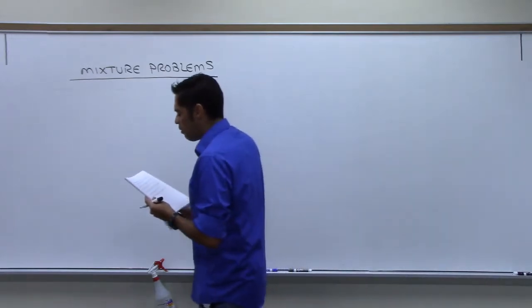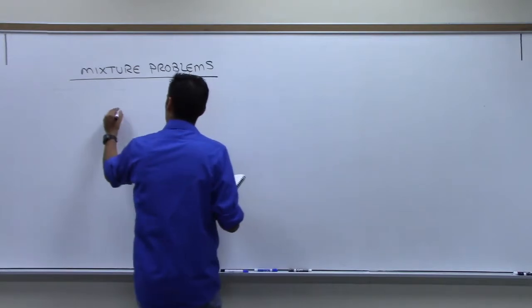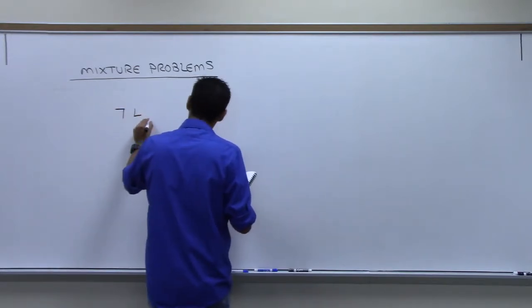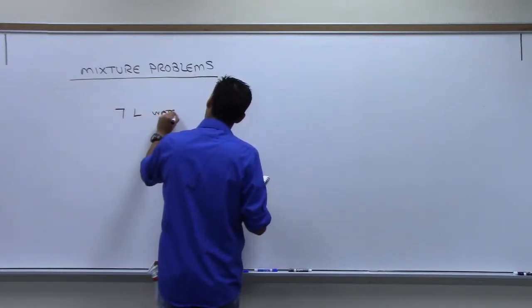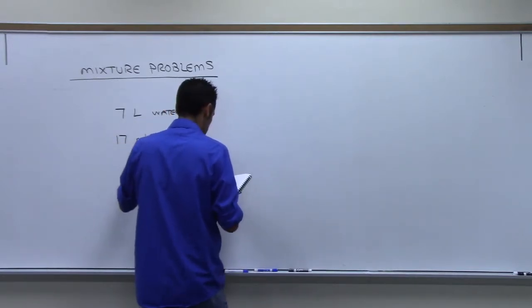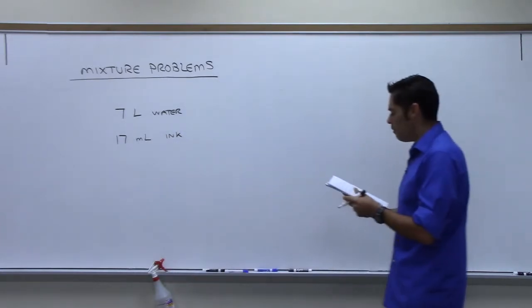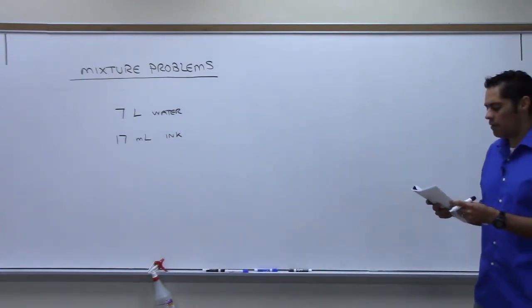All right, I'm going to look at number 1. If there is a mixture of 7 liters of water and 17 milliliters of ink, write in decimal form how many total liters there are of this mixture.